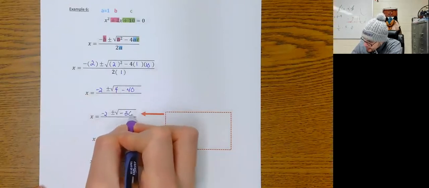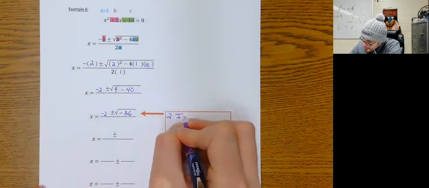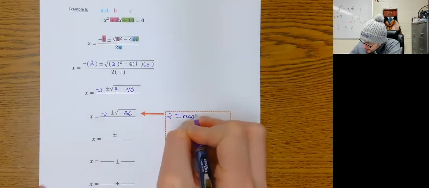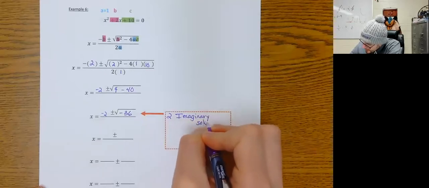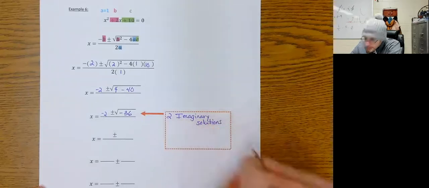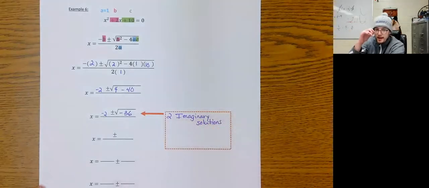I'm going to get -36 here. So what do I know? I know that I have 2 imaginary solutions. Right? They are imaginary because the discriminant is negative.